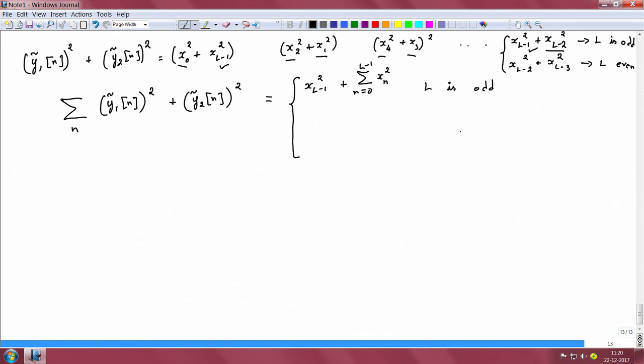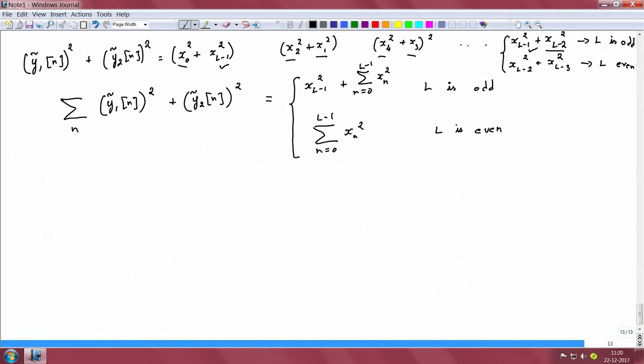When L is even, you see that this repetition of x L minus 1 does not happen, and each individual term x 0 till x L minus 1 appears only once. So, essentially the output is going to be summation n equal to 0 to L minus 1 of x n whole square, L is even.